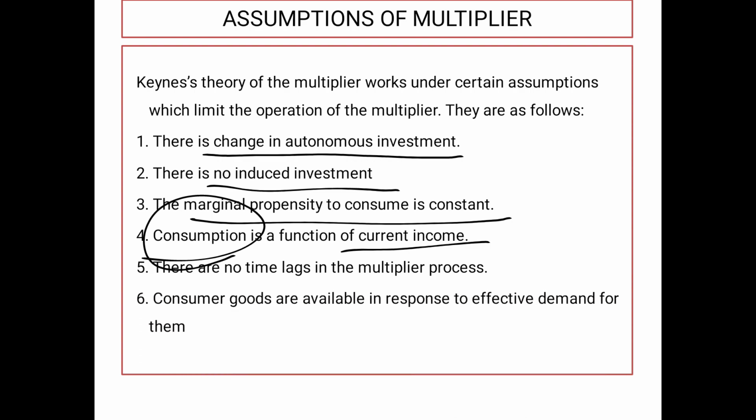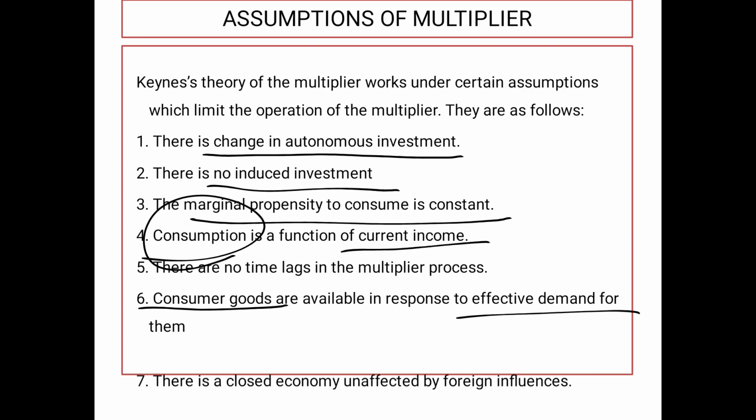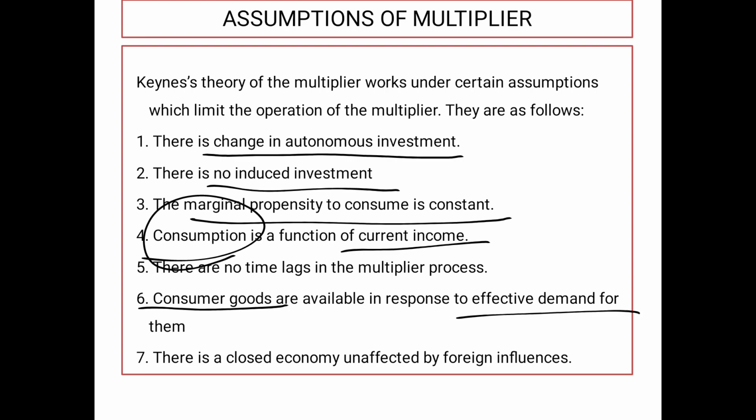Consumption functions are variable in response to effective demand. If consumer goods keep increasing, that shows there is effective demand in the market. And there is a closed economy. What do you mean by closed economy? Not much government interference. And there is no change in prices at all. All these are not possible, but they have given the assumptions as such.